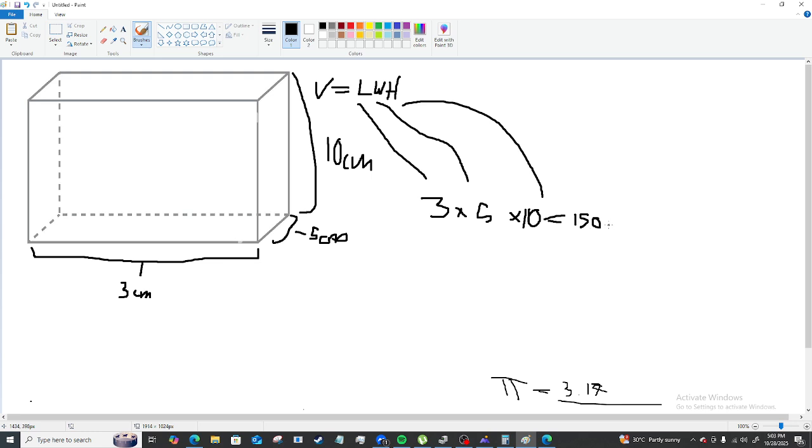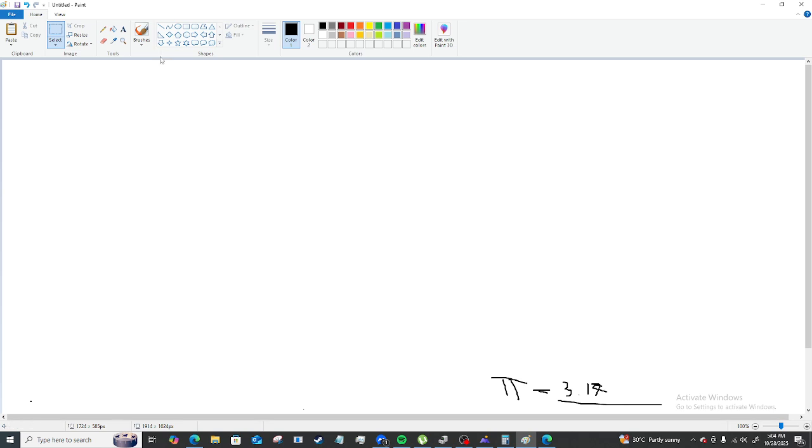Now don't forget to put the unit and the cube sign. This is how you solve a rectangular prism. Okay. Moving on.